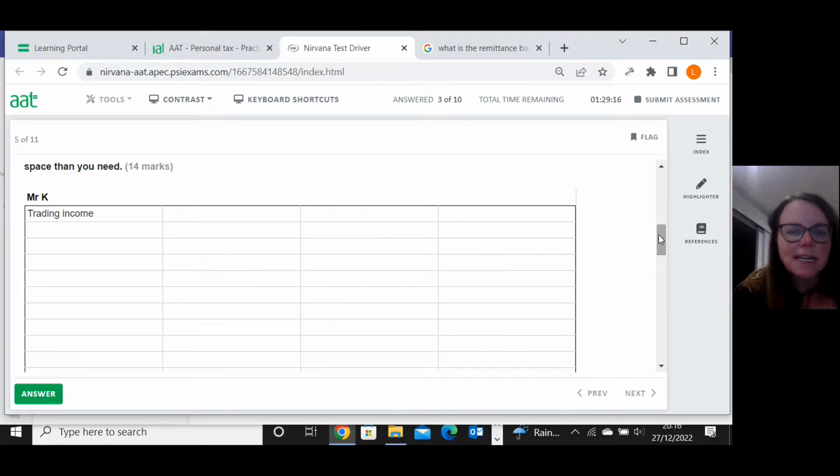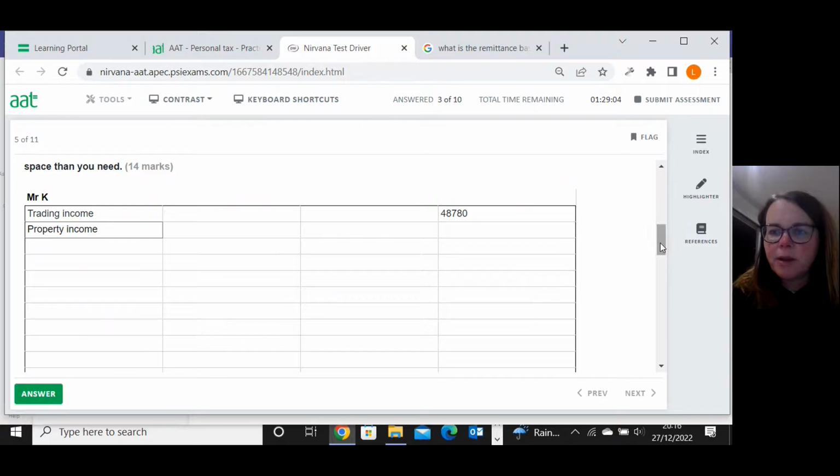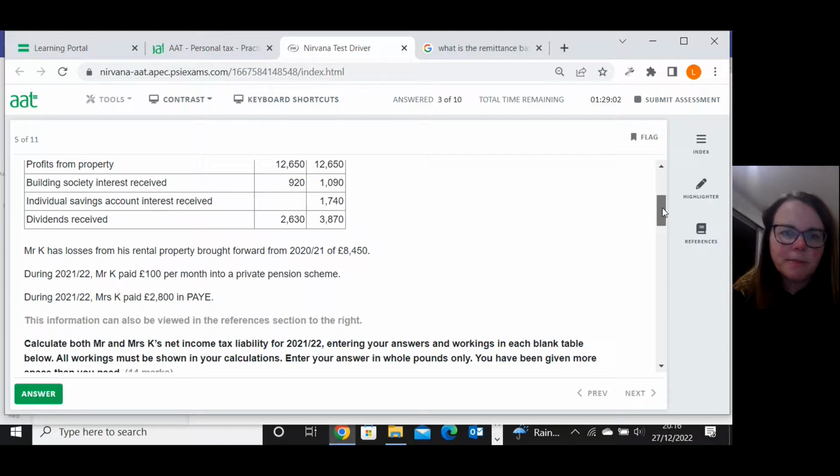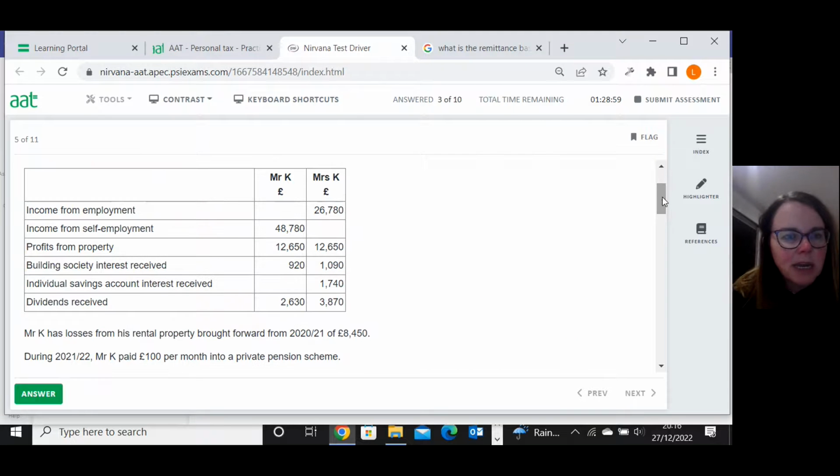Mrs. K has paid some PAYE, but that's it for her. So trading income will be the full amount. There's no adjustments to make there. He's then got his property income. So if we just go back up, we could open this on the references, but to be honest, I find it easier just to go up and down. So we've got 12,650 minus 8,450.